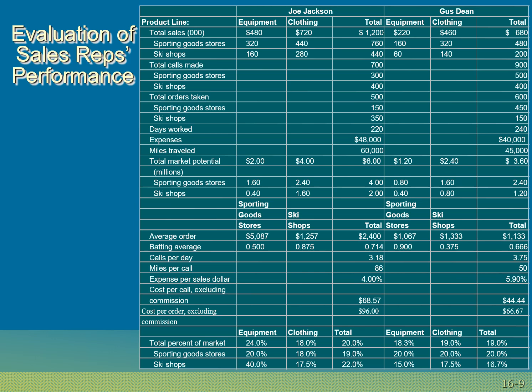And cost per call excluding commission, that's $68 per call versus 44. So Joe is more expensive, right? And the cost per sales order excluding commission is 96 versus 66. So the cost is higher.